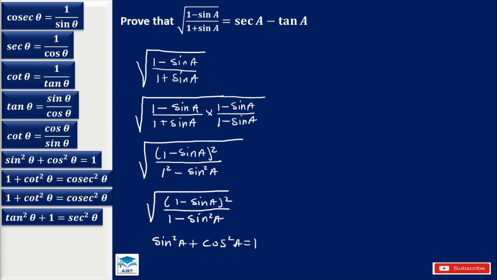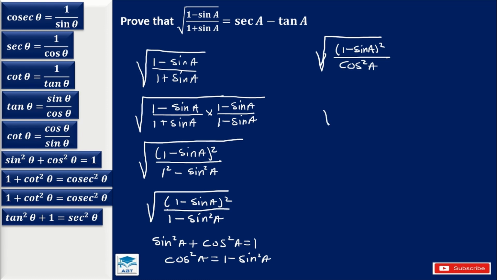So making cos square A the subject, we have cos square A is equal to 1 minus sine square A. So we can replace 1 minus sine square A with cos square A. So we have the square root of 1 minus sine A squared divided by cos square A.